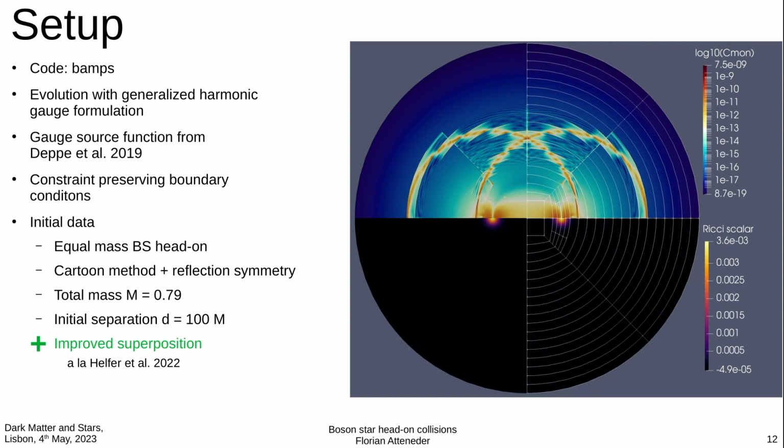What's interesting here on the right are the two analysis variables of our initial data. The top half shows us the logarithm of the sum of all the constraint equations in our system. We would ideally solve them exactly, but we can't because it's, well, numerics.